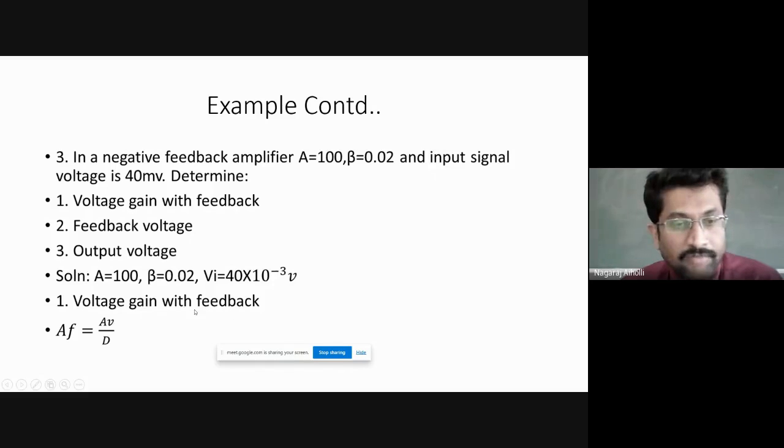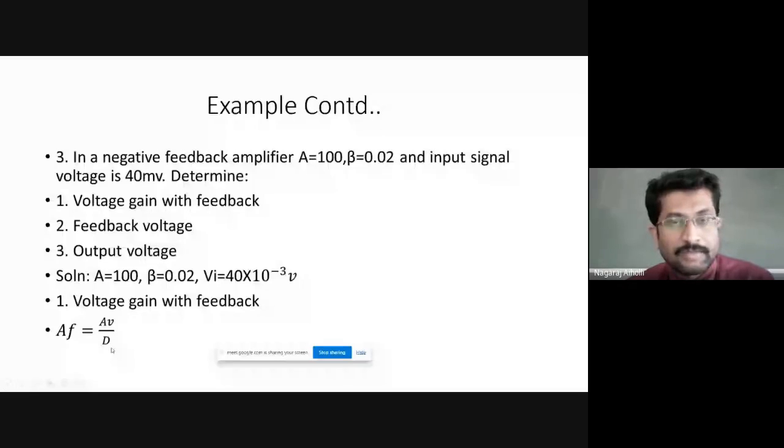Now, the voltage gain with feedback for any negative feedback amplifier, whether it is a voltage series feedback amplifier or a voltage shunt feedback amplifier, is given by the gain without feedback divided by D. That is AF is equal to AV by D. Note down this. Now what is this D? D is 1 plus A beta.